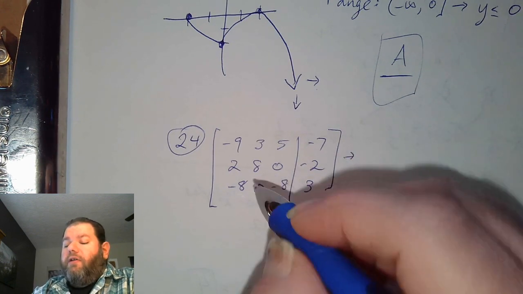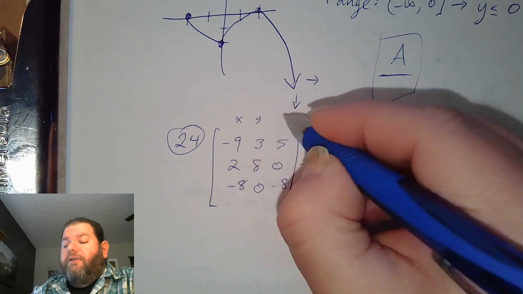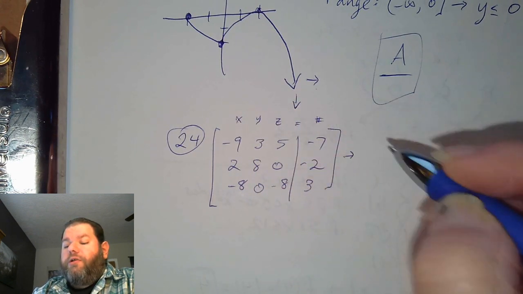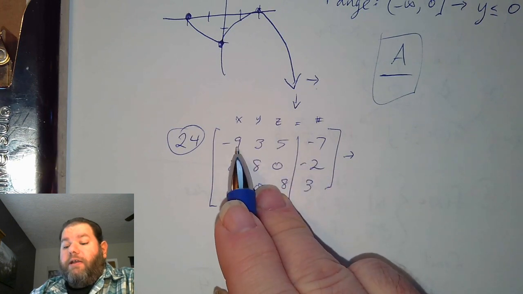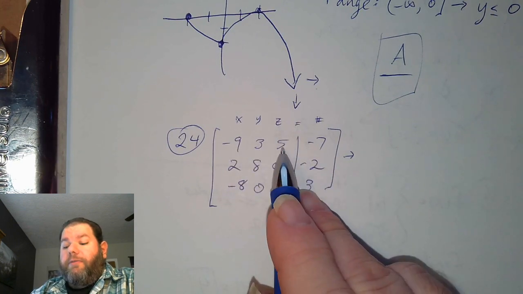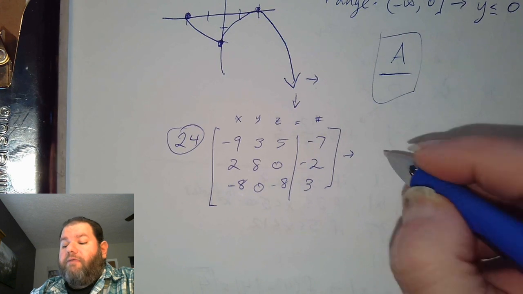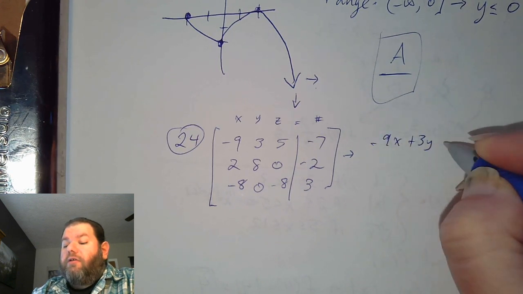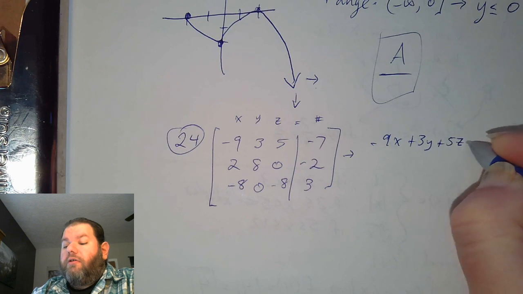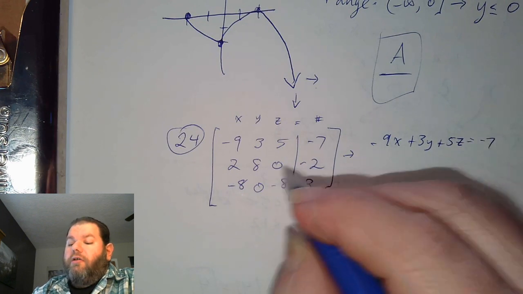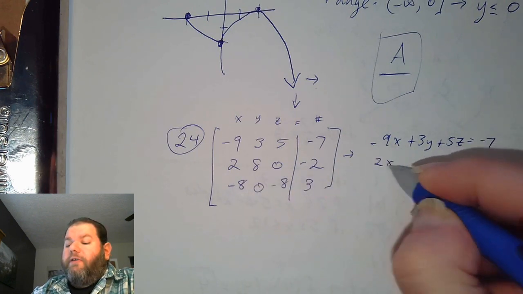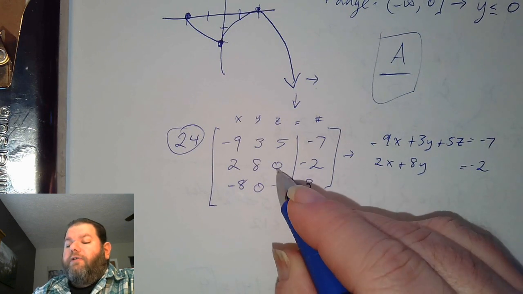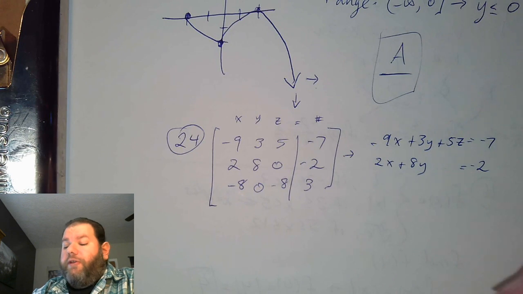Converting this, we think of each column as x, y, and z, and then equal to a number. So this is negative 9x plus 3y plus 5z equals negative 7. 2x plus 8y equals negative 2. 0 for z means we just don't put anything there.